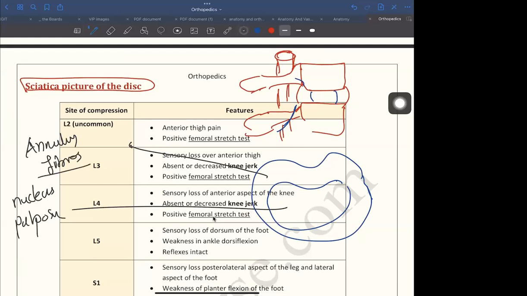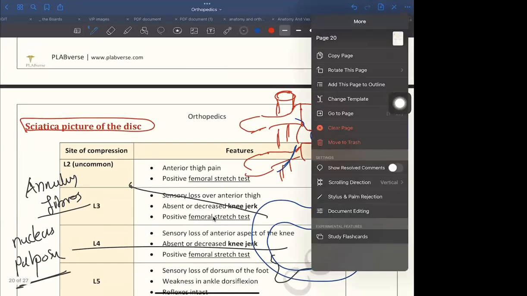So what will happen if you have a disc problem? There is weakness in the fibrosus, and the pulposus starts to protrude. So again, which part is protruding? The pulposus is protruding, right? The pulposus is protruding.